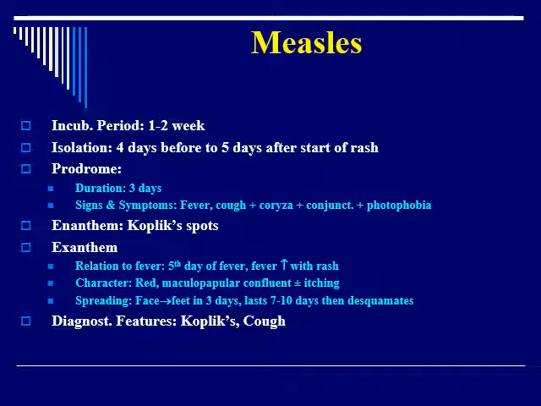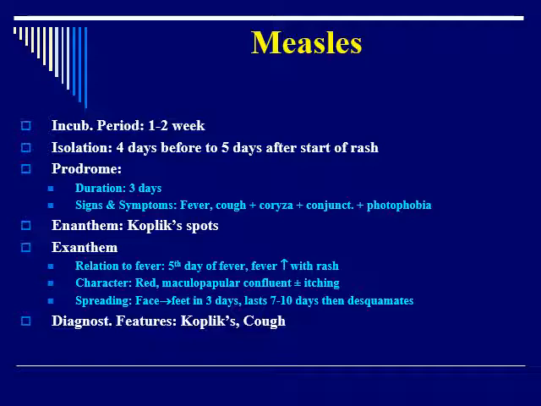What about the complications of measles? Measles has severe complications. Gastrointestinal, including severe diarrhea, mouth ulcers, which may lead to gangrene of the mouth, bleeding from the mouth. Respiratory complications include pneumonia and flaring up of a dormant tuberculous focus.